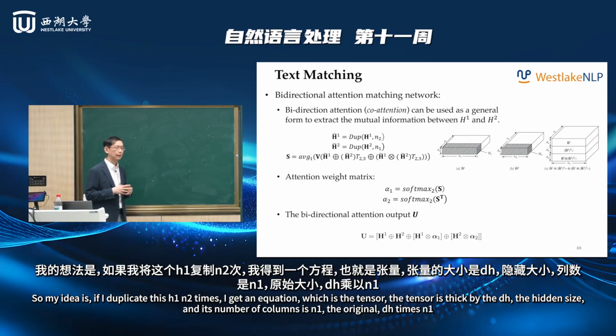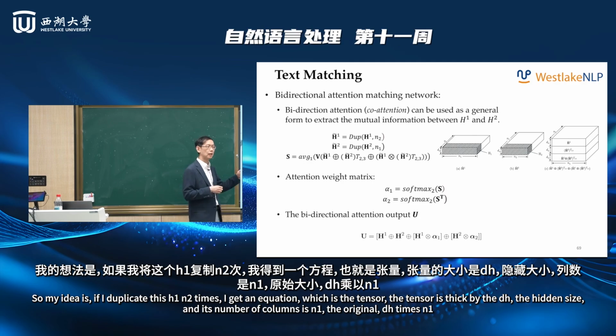So my idea is, if I duplicate this H1, okay, n2 times, I get a tensor. The tensor is dh thick, the hidden size, and its number of columns is n1. The original is dh times n1, so this is H1, right?